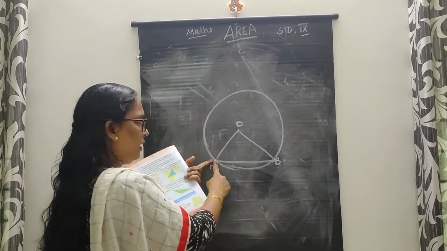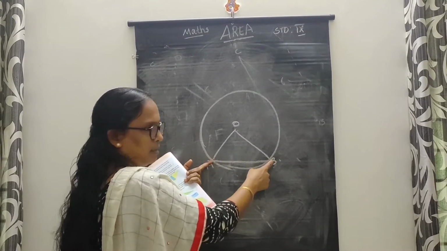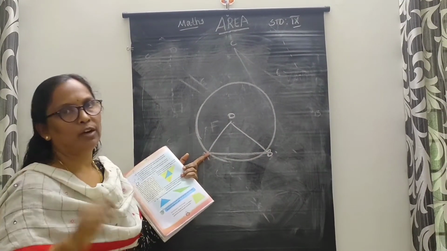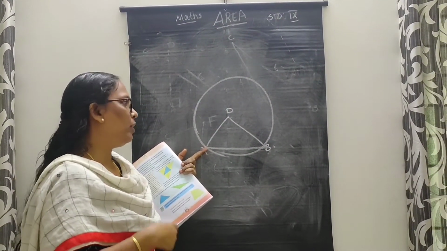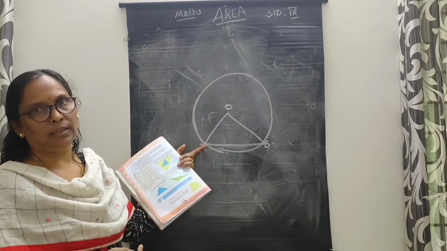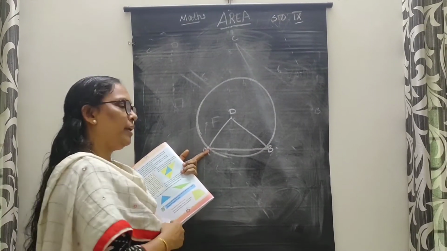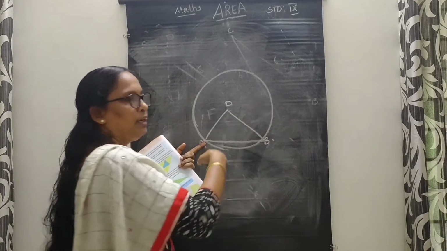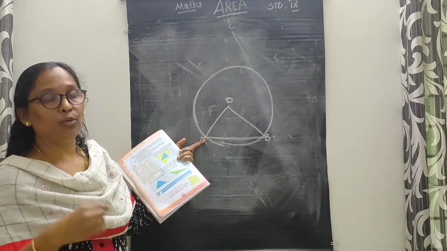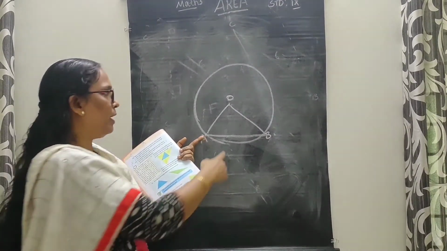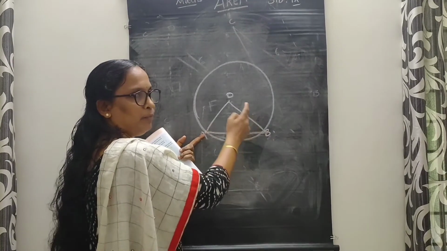Here two of the vertices are now on the circle, and we need one more vertex. It should also be on the circle, and if we draw a triangle with that vertex, we are going to get the area same as triangle OAB.